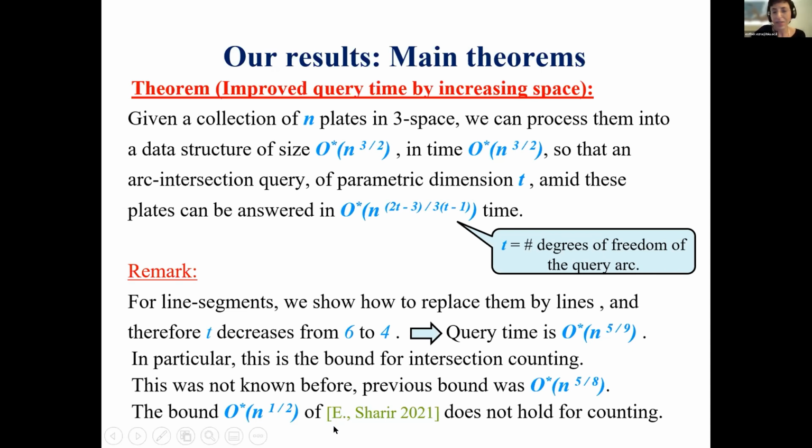The previous result that I described, the result about ray shooting, does not yield the bound for counting, only for detecting and ray shooting. So in other words, this bound is somewhere in the middle, because the previous bound was n to the 5/8, and root n is the wishful thinking bound.